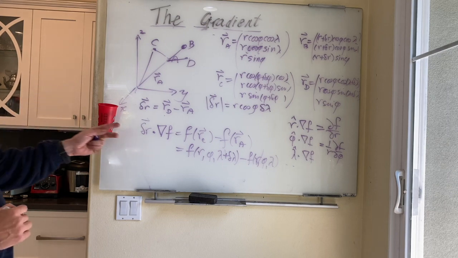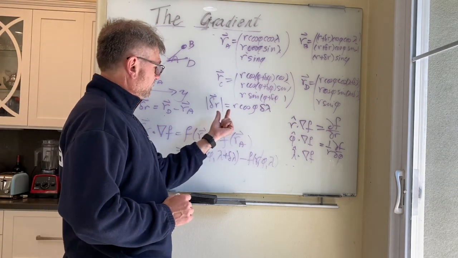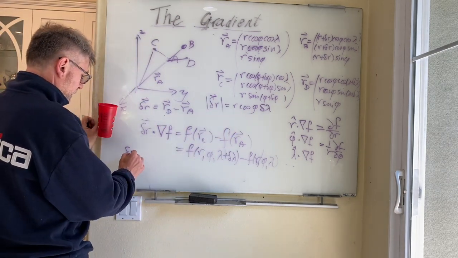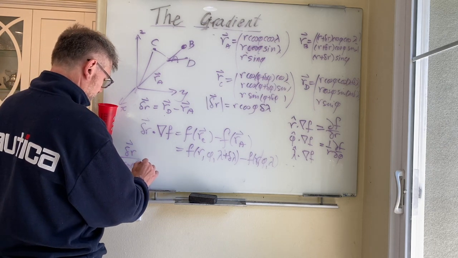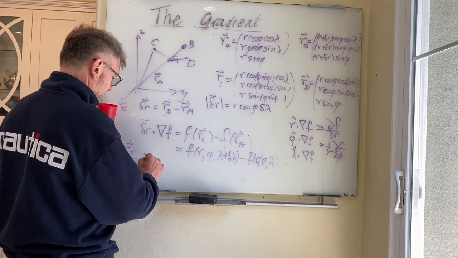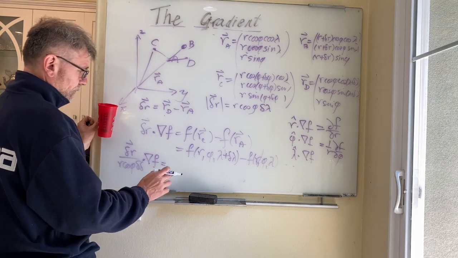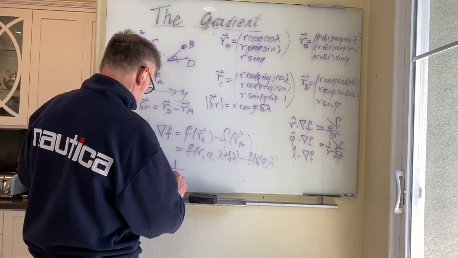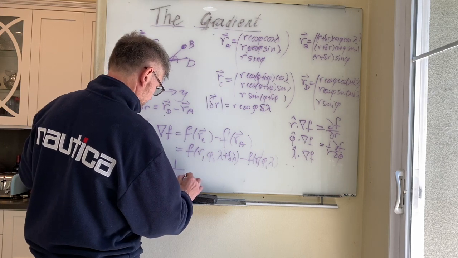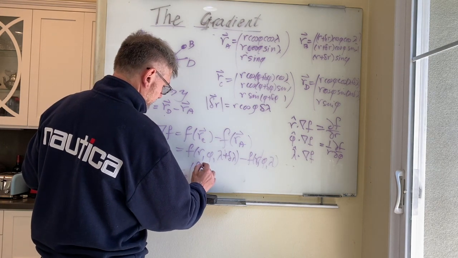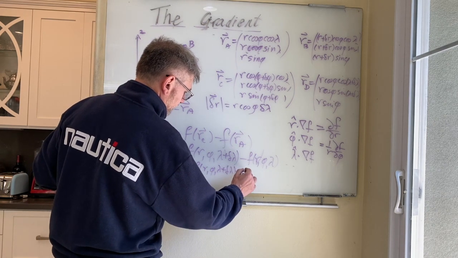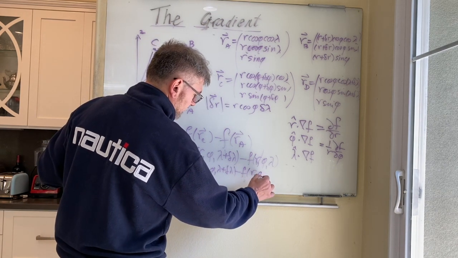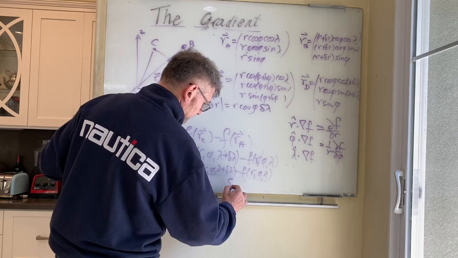Then, just like before, I'm going to divide both sides by the magnitude of delta r. So delta r divided by r cos phi delta lambda dotted with grad f will be equal to 1 over r cos phi times f at r phi lambda plus delta lambda minus f at r phi lambda, all divided by delta lambda.